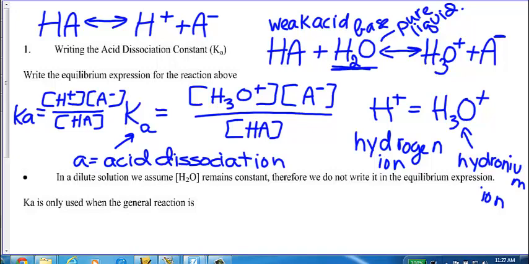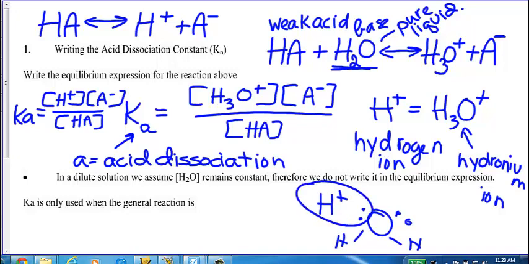We can use them interchangeably because the reality is if an acid dissociates in water, the proton does not float around all by itself. The proton will be attracted to electrons on oxygen's head. And so there'll be a bond that forms here to generate H3O plus. So if you could really look at it with your Miss Frizzle glasses, you wouldn't find any H plus by itself. It would exist as H3O plus instead, which is why we can use those interchangeably.